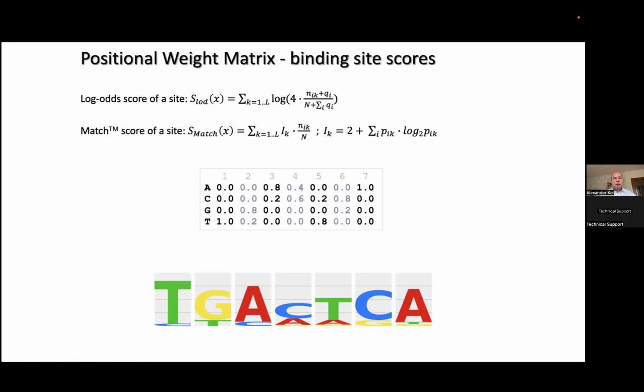We use a bit more complicated formula. Basically, we multiply the natural weight of the nucleotide by the information content, which additionally increases the importance of the conserved nucleotides. That's how we calculate this score.